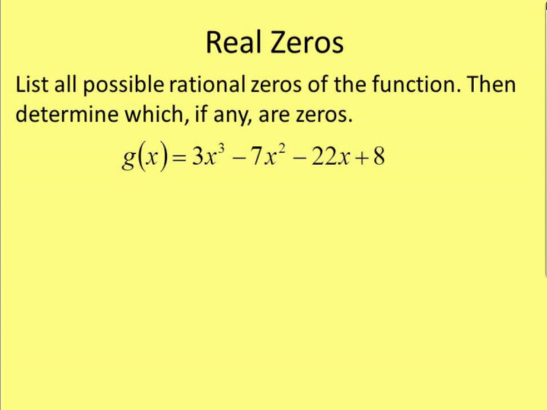So we're going to start out the same way. We're still going to find all of our possible zeros first. So we're going to find our p-value, which is 8. And we're going to find our q-value, which is 3.